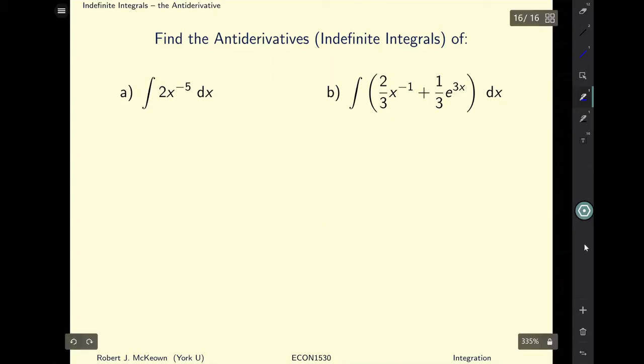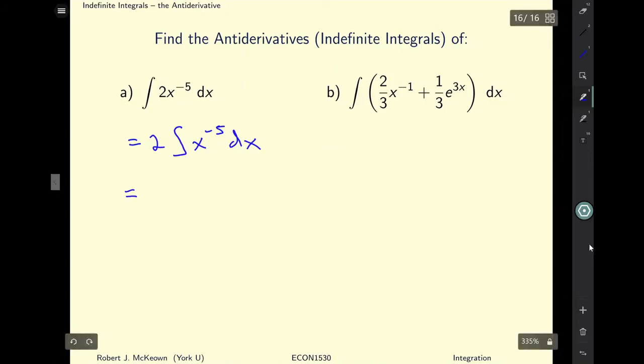Let's take a look at A. So we want to find the integral of this thing. And I'm going to use what I call the reverse power rule. One thing I could do if I wished, I could take the 2 out of the integral. It's a multiplicative constant, so I don't have to worry about it.